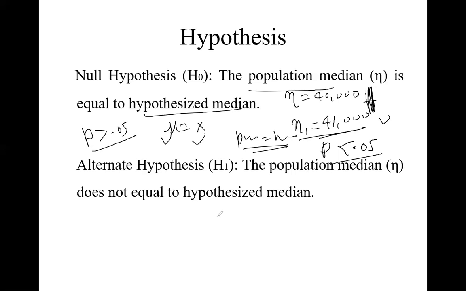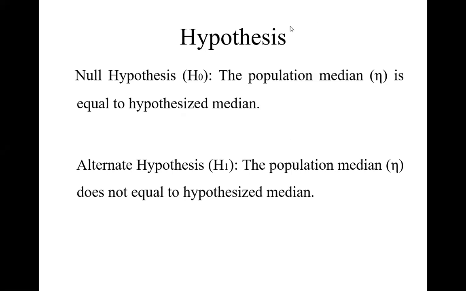The population median does not equal the hypothesized median. So this is about the concept of the one sample test and how to develop the null hypothesis and alternate hypothesis for the one sample Wilcoxon signed rank test.